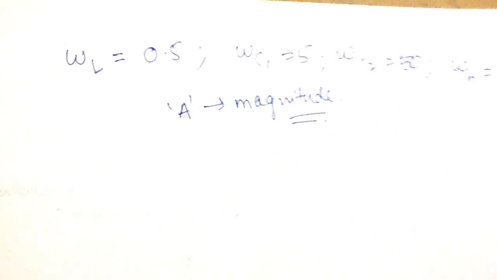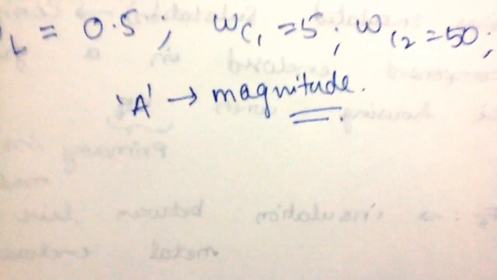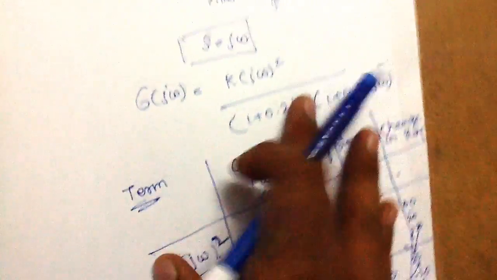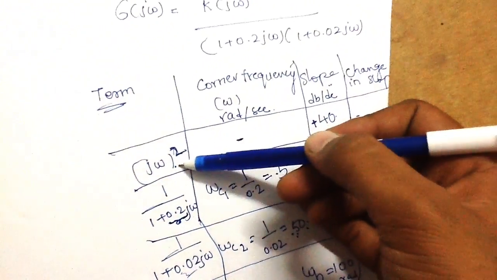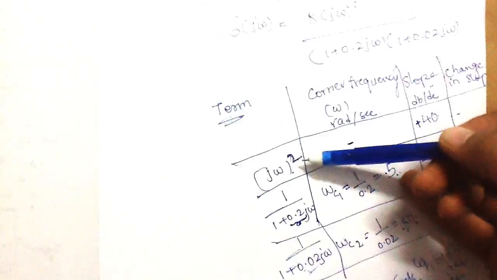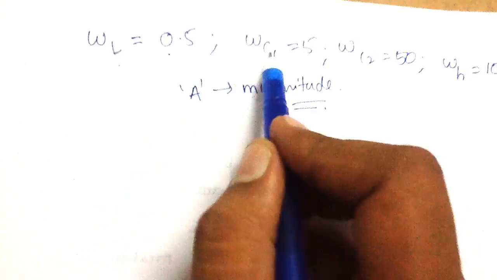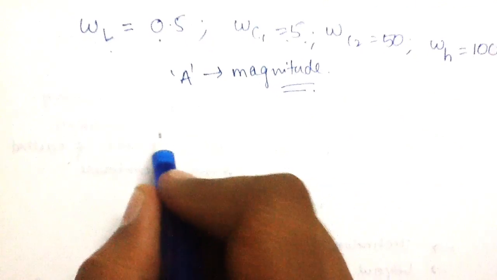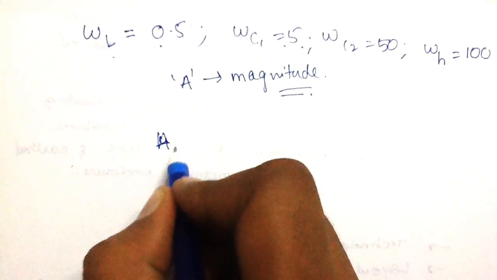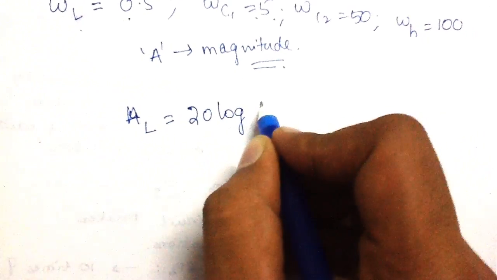So now to find out the magnitude. What is the first term here? You have j omega square. Am I right? So the formula is, for the first two frequencies, that is for omega L and omega C1, you're going to write A at omega L is equal to 20 log.